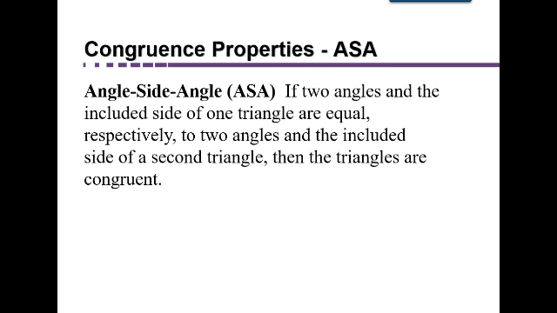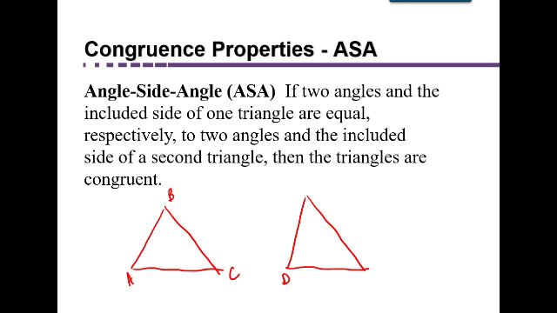Another way that you can determine that 2 triangles are congruent would be that you're going to look for the relationship that 2 angles and the side in between them are equal. So again, let me draw a picture here. If we have triangle ABC and we have triangle DEF, how do we know that they're actually the same size and shape?